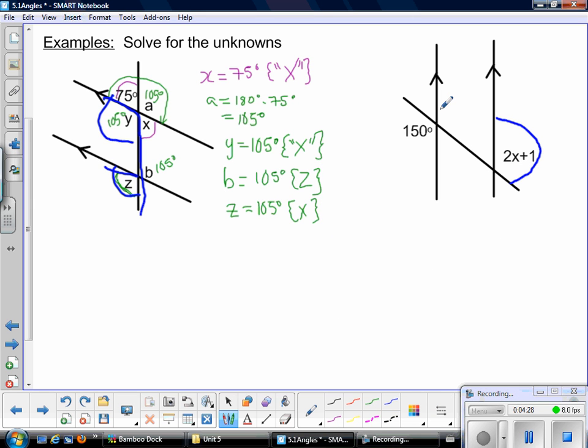So this would be 150, but that doesn't help me. Z pattern, this would be 150. Oh, I think we've got it. There's an X pattern, so that would mean that the 2x plus the 1 has to equal 150 because of the X pattern.